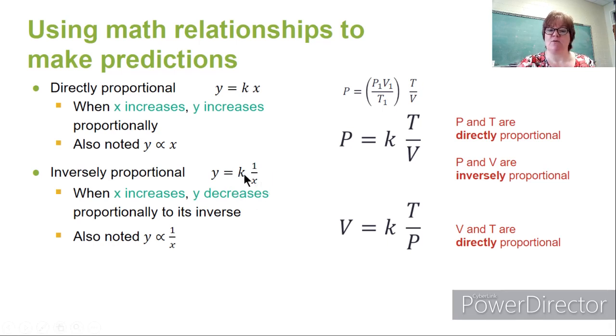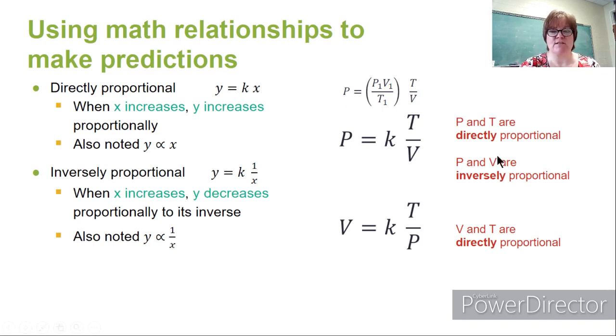As x gets bigger and bigger, 1 over x gets to be a smaller and smaller value, and so whatever is proportional would be decreasing. So we see an opposite type of behavior. X increases, y decreases if we have an inversely proportional relationship. Sometimes this is written as y is proportional to the inverse of x.